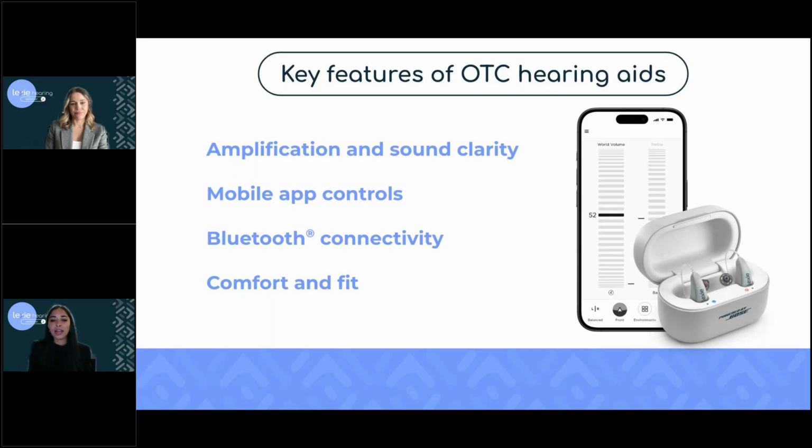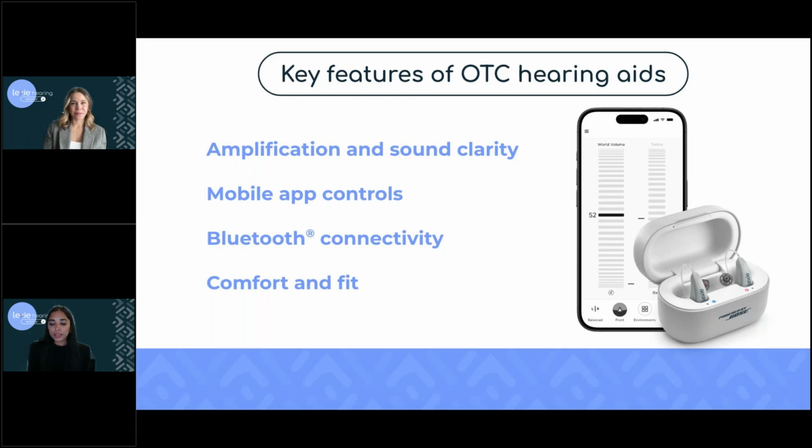Some OTC devices offer Bluetooth connectivity, meaning that you can stream media, if we have any music lovers in our audience today, and also phone calls, which really helps with keeping you in touch with your loved ones, or maybe just makes your workday more convenient. Then comfort and fit.